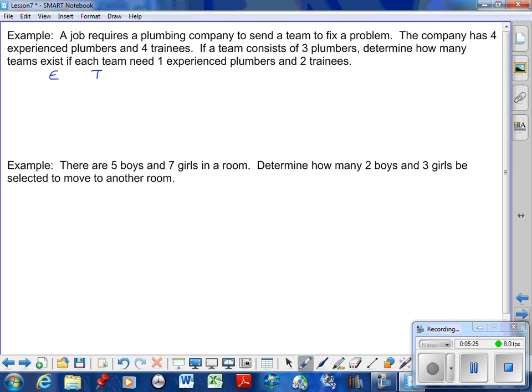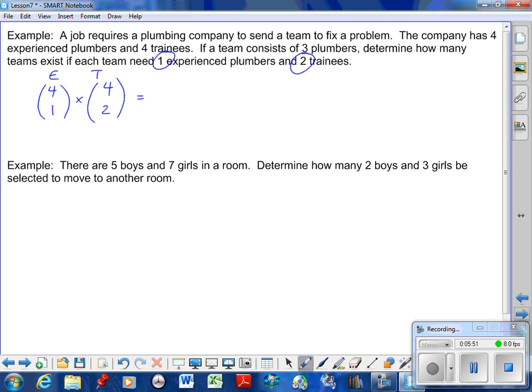I have 4 experienced plumbers available. I have to send 1 to do this job, so there's my 1. It's going to happen at the same time, so it is multiplication. I have 4 trainees, and I'm going to send 2 with that experienced plumber. So it's a rule of product here: my experienced plumbers multiplied by my trainee plumbers.